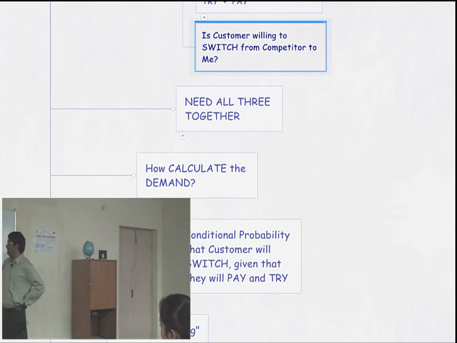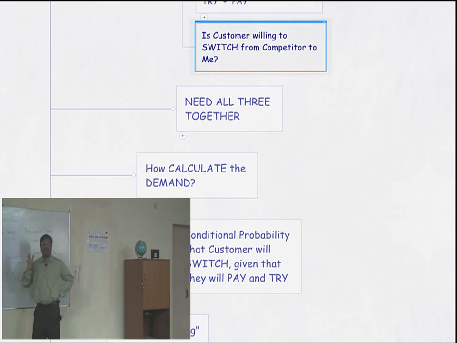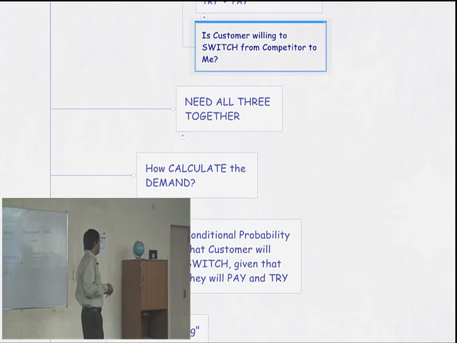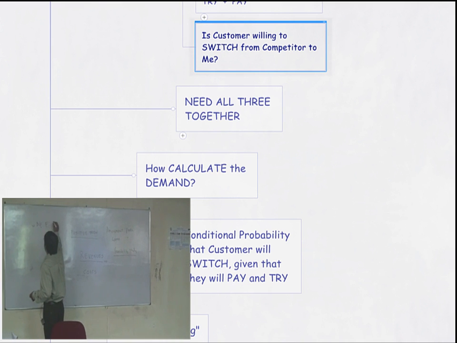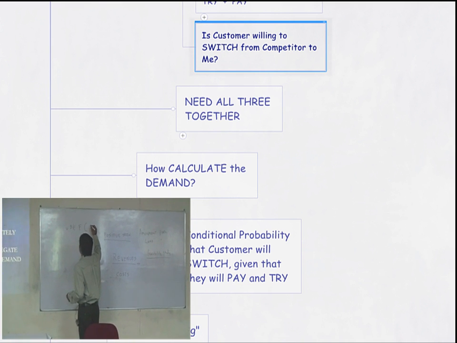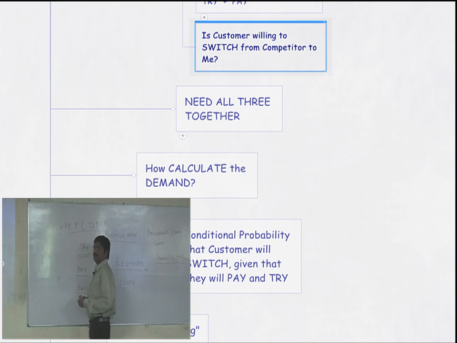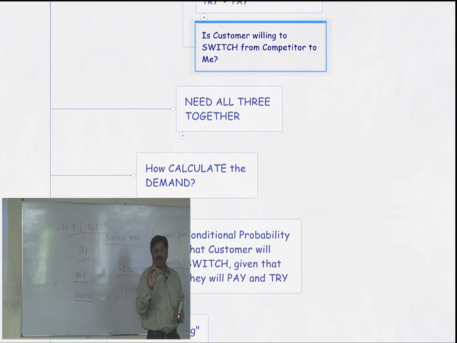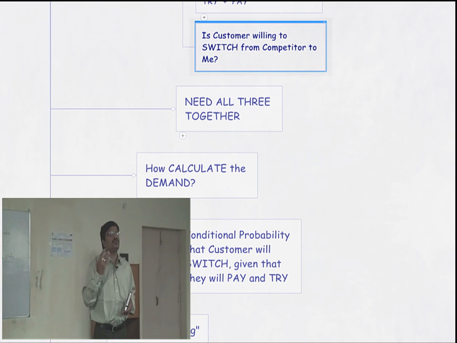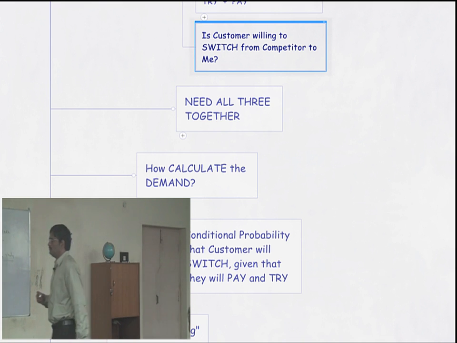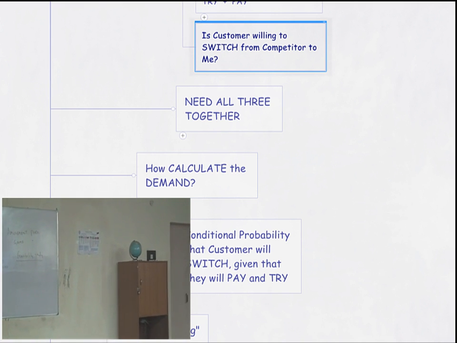So willingness to buy, which is demand, which in turn leads to revenue, is a function of willingness to try, willingness to pay, and willingness to switch. Now, if that's the case, how do we actually calculate the demand?